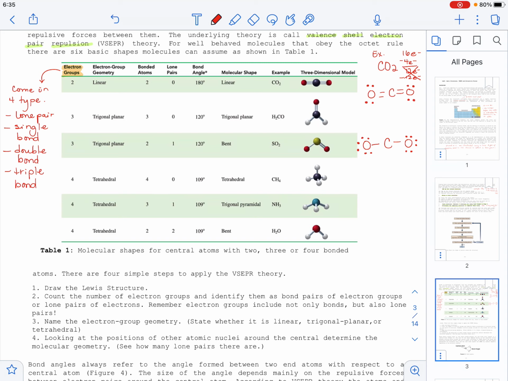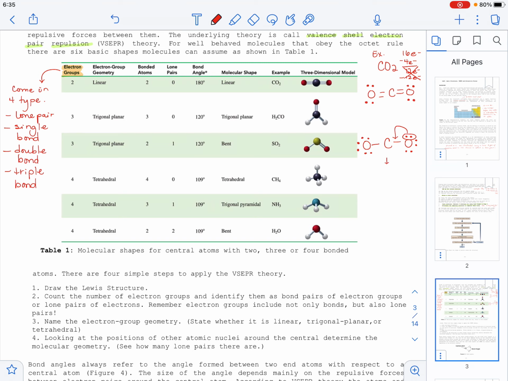Now, my carbon atom does not have an octet, so at this point I can select a pair of electrons from this oxygen and share it in.